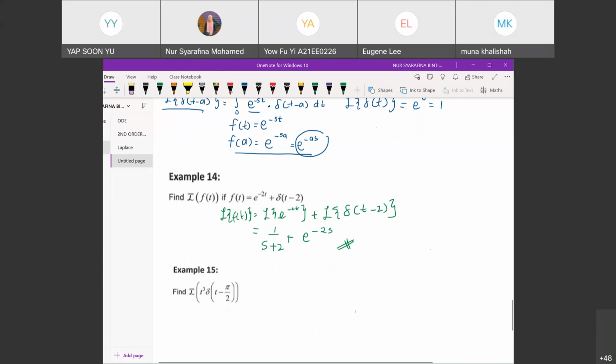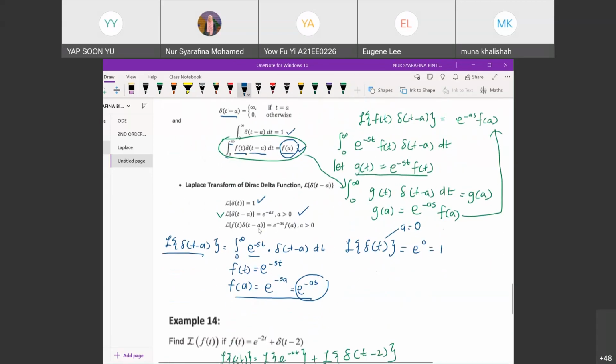Now let's try this example. We have t cubed delta(t minus pi over 2). This is mapped to f(t) delta(t minus a).